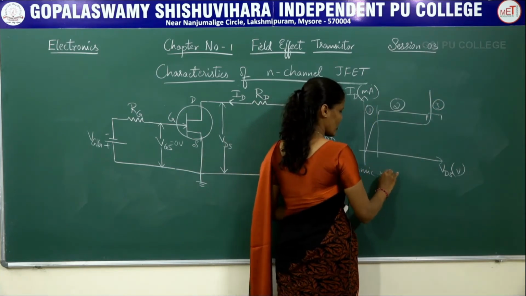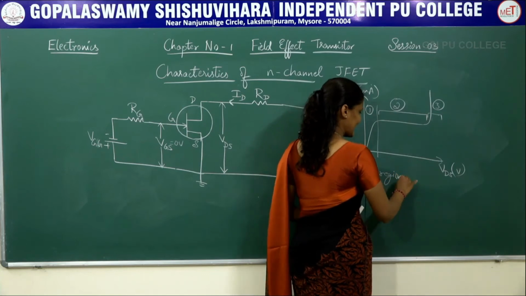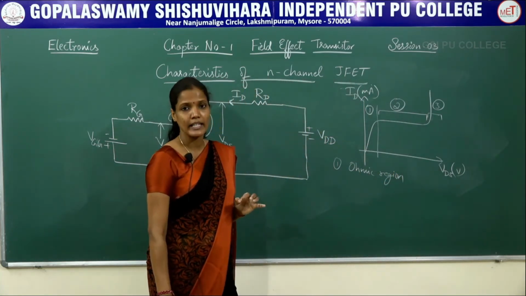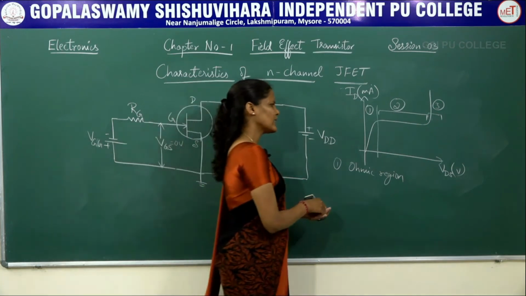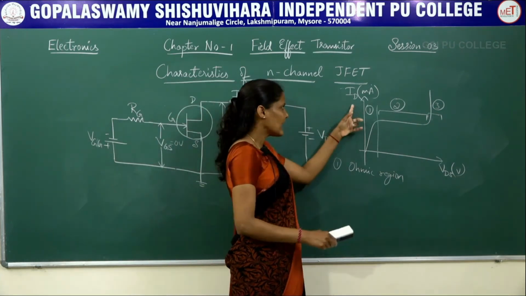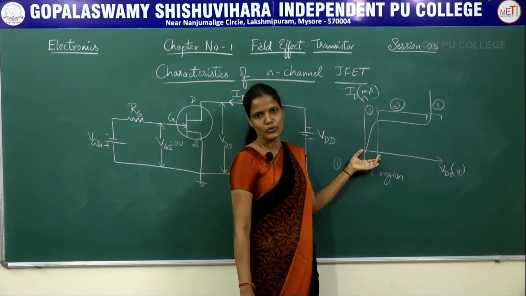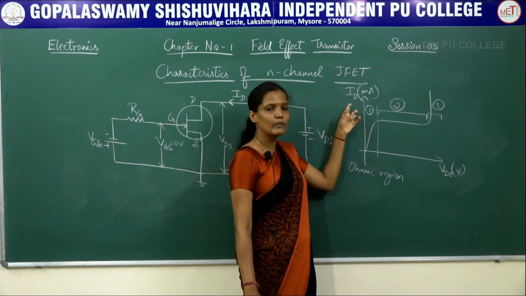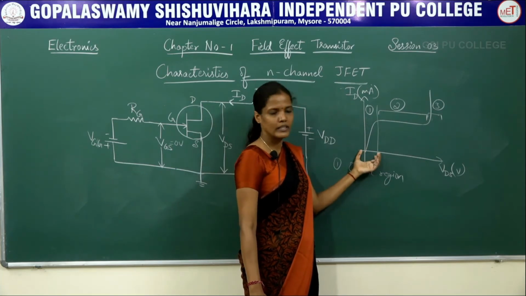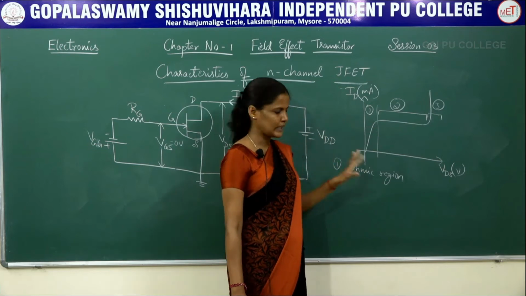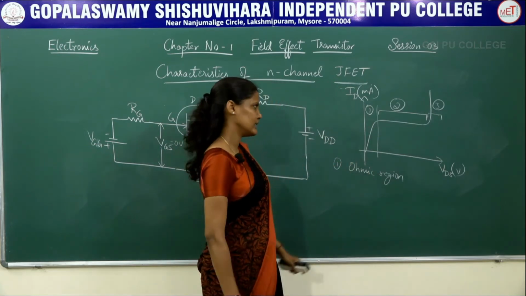So what is this ohmic region? It is a region in which the JFET will be behaving like a resistor. Behaving like a resistor means the current ID will be varying in accordance with the drain to source voltage. So ID will be varying in proportion with the drain to source voltage, so I am going to get a straight line. That we call the ohmic region.